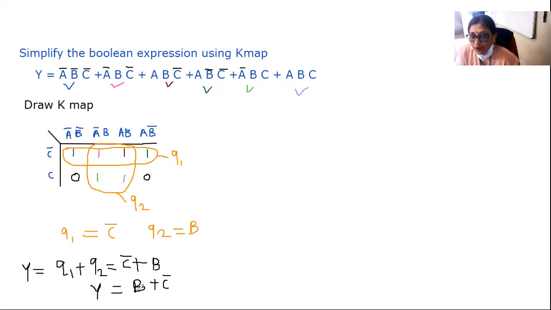Okay. Now for this, we have to draw the logic diagram. How are we going to draw the logic diagram? By using OR gate and NOT gate. It is very simple. Yes, I am going to draw an OR gate. B is directly given and C is given through a NOT gate.